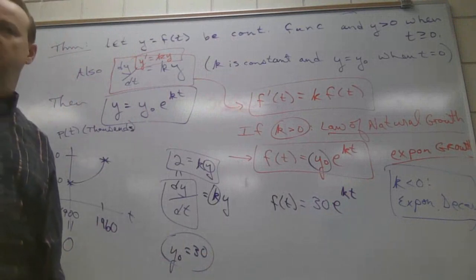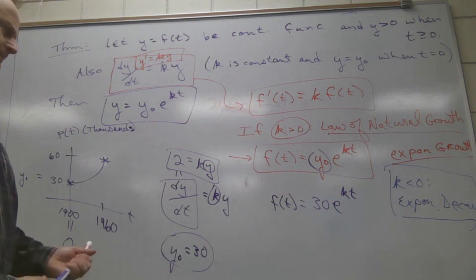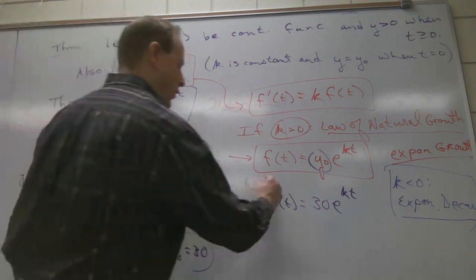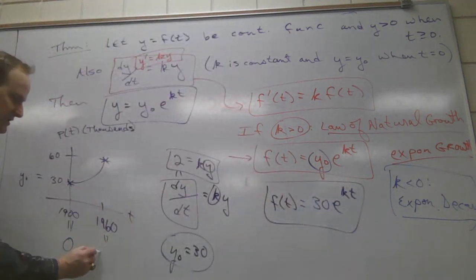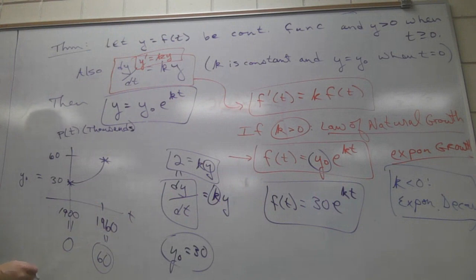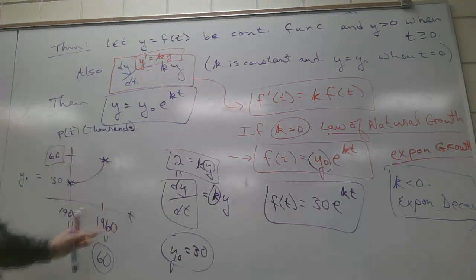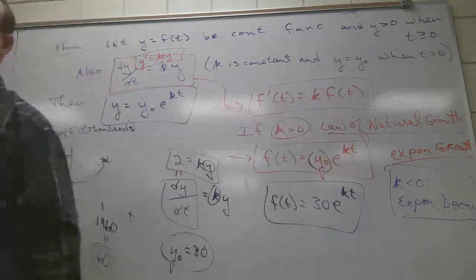So then what do you do? We still have to figure out k, don't we? Can we use this formula based on what they gave us? In 1960, which is actually 60, the population was 1/60th of what it was in 2010. Well, we want to figure out the formula first. The question is, what's the population estimated to be in 2010?